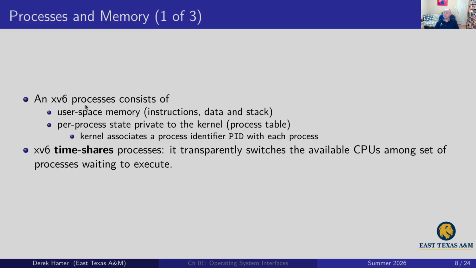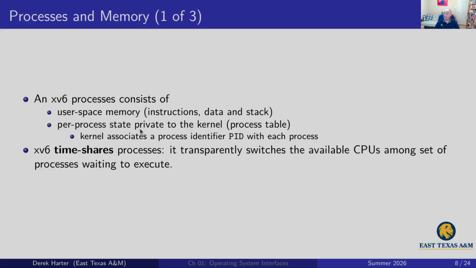A process in general on almost any operating system, and in xv6 as well, consists of some memory allocated in user space that holds the non-privileged instructions and data, and usually a non-privileged stack, the function call stack. There also might be a heap for dynamic memory allocation and deallocation to hold data created dynamically by the process.